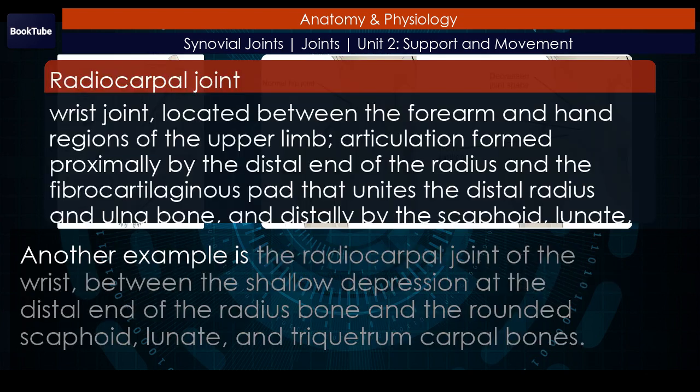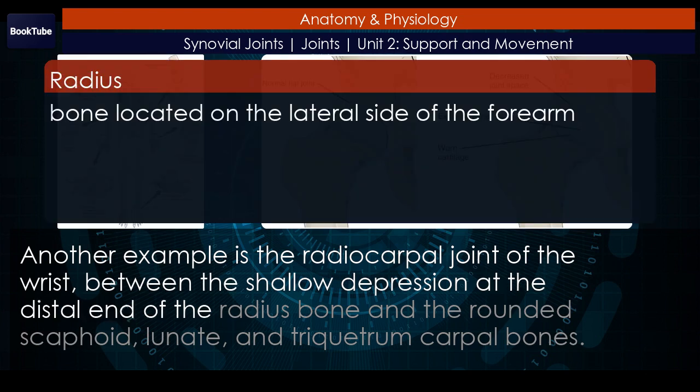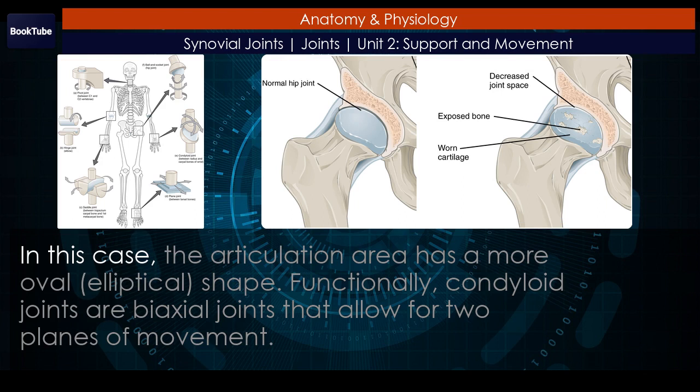Another example is the radiocarpal joint of the wrist, between the shallow depression at the distal end of the radius bone and the rounded scaphoid, lunate, and triquetrum carpal bones. In this case, the articulation area has a more oval, elliptical shape.